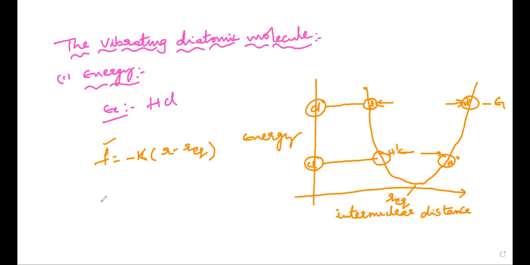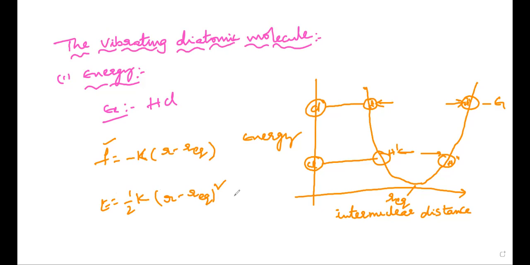Therefore E is equal to, since the energy curve is parabolic, half k into (r minus r eq) whole square.